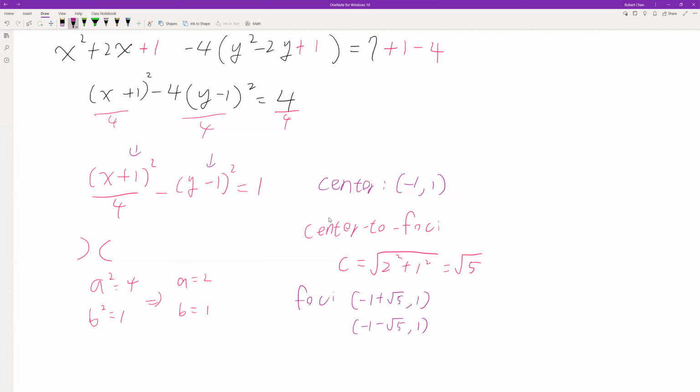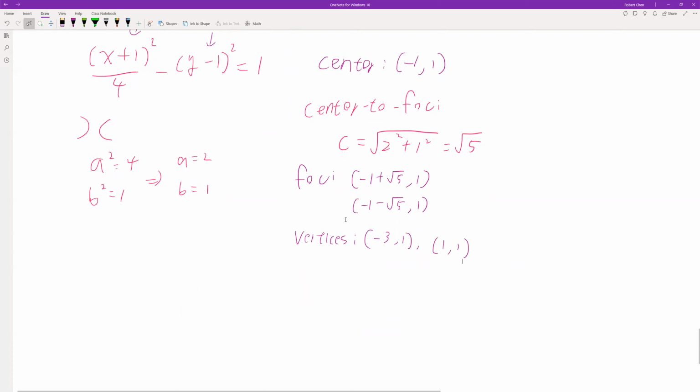Right? And also, we need the vertices. All right, so the vertices are going to be 2 units to the left or right from the center. So that will be -3, 1, and 1, 1. Like that.